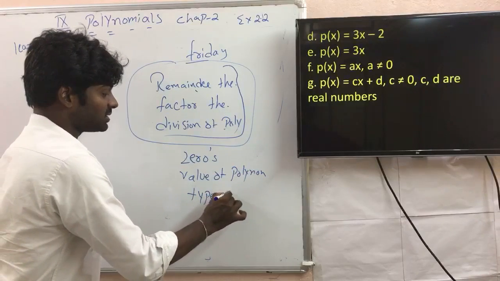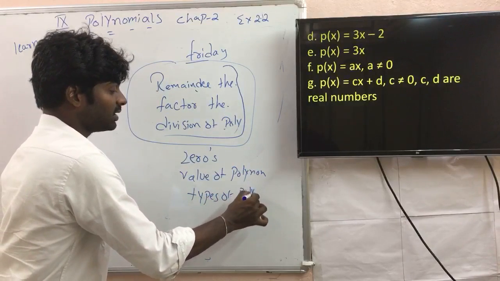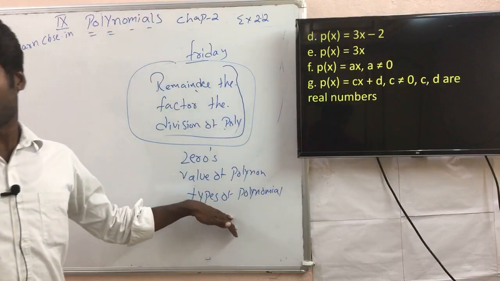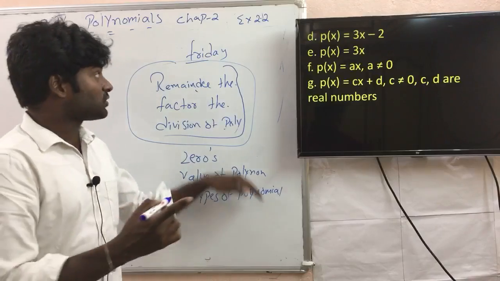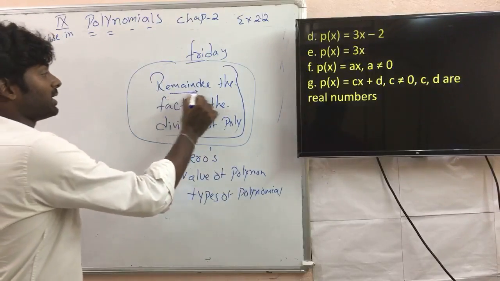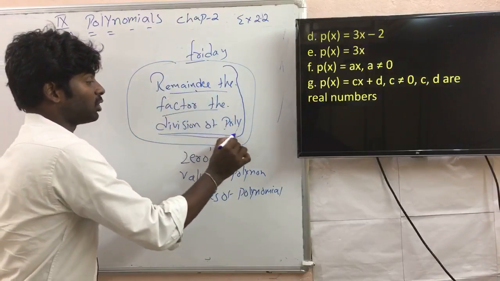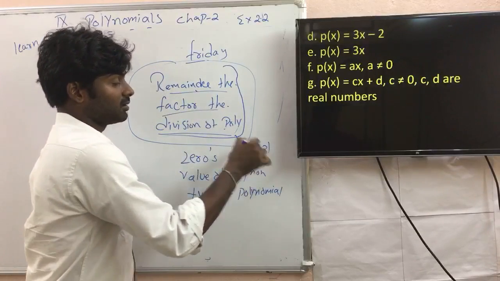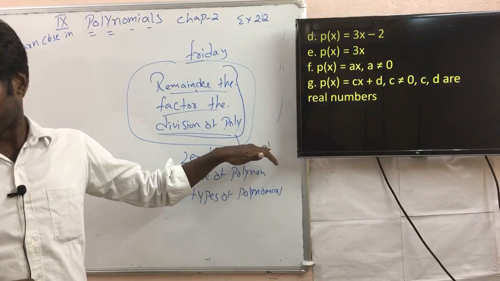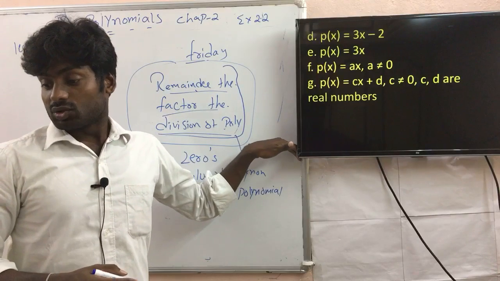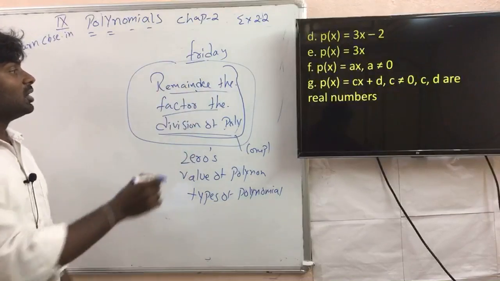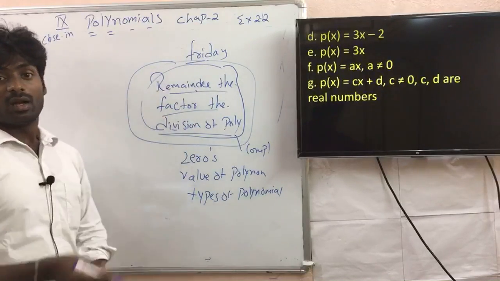These are very easy and very basic for the polynomials. Next Friday we are going with remainder theorem, factor theorem, division of polynomials, which are complicated in this chapter. So inform your friends, and come along with your best friends, and it is very easy for them to understand these topics.